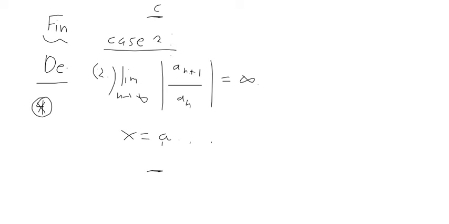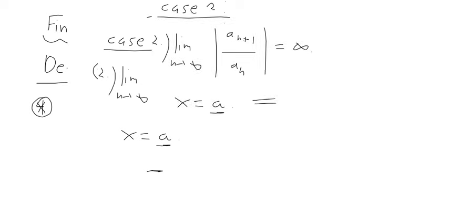So whatever your a value is, whether it's 0 or 1, 2, 3, 4, whatever, that will be equivalent to your x for this case. It also implies that it converges, and it also implies that our radius of convergence has to be equivalent to 0.